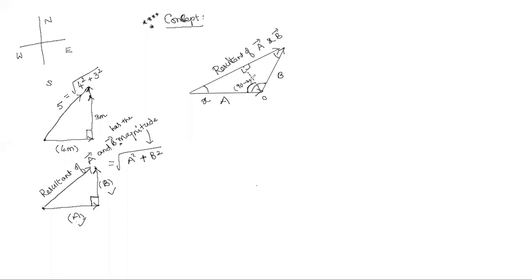Okay, Amog raised the hand. We will give the chance to Amog. Yes, Amog. Sir, we should resolve the vector B into B cos theta and B sin theta. That means B makes some angle with the x-axis, which you have to know. Am I right?